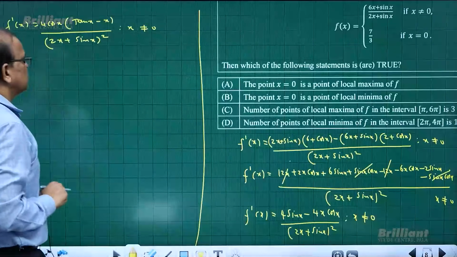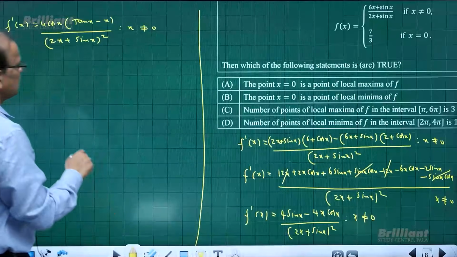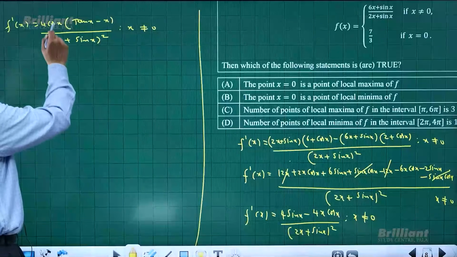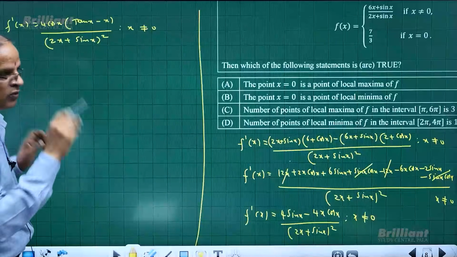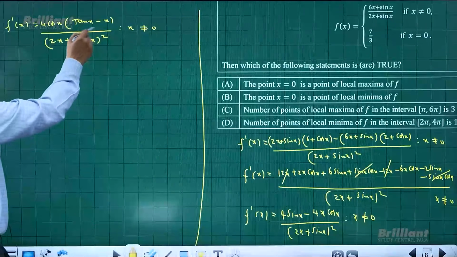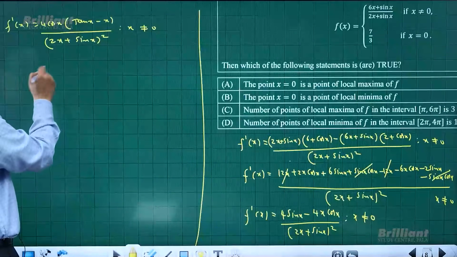Now x not equal to 0, therefore this cos is positive in the neighborhood. Okay, now we will take this tan x and x, right?